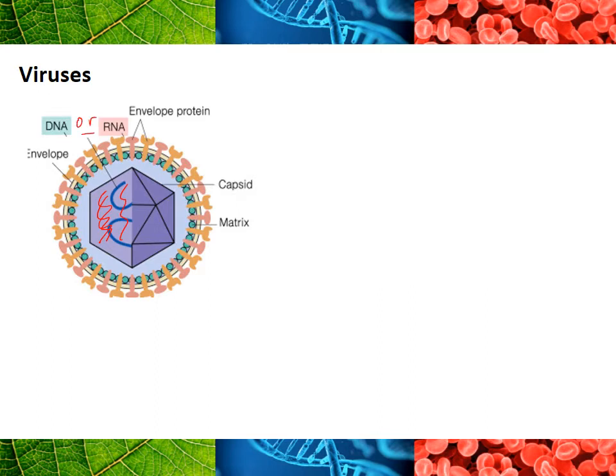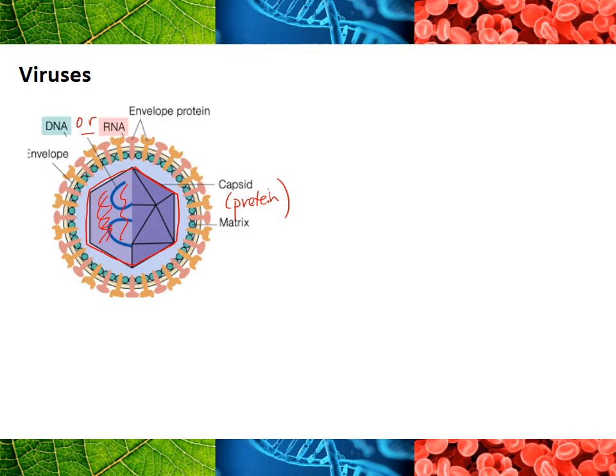They'll have some kind of genetic material. Then around it we've got our capsid. That is the protein shell. When you do your diagram, you could even write that it is made out of protein. And then some viruses are just that, just the DNA inside the capsid.